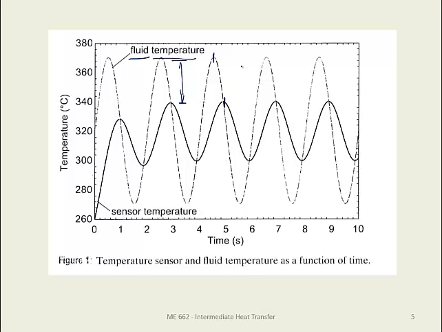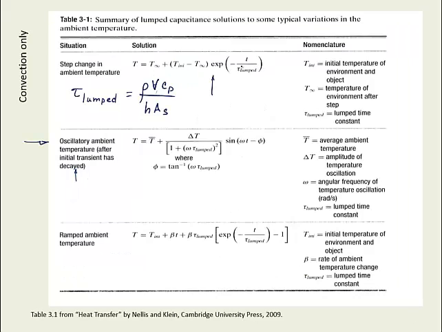Okay, so if I go back to this previous equation, we've got our same lumped capacitance time constant, we've got omega, the frequency of oscillation of the free stream temperature.